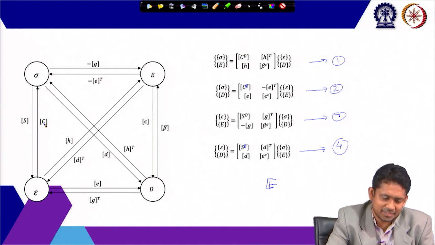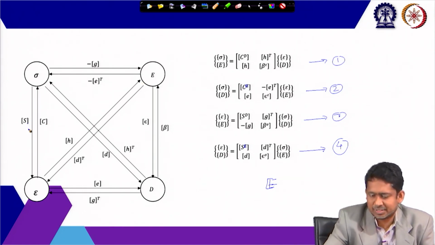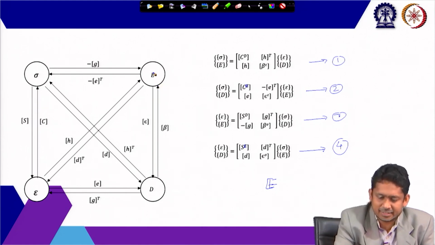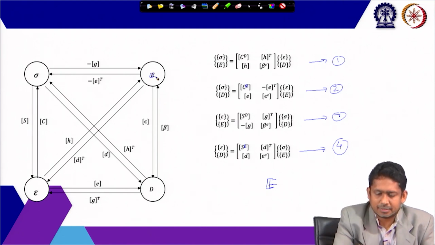So, this C can be C D or C E depending on what is the other state vector. Similarly, if I want to get the strain from sigma, I have to multiply S with sigma, which we can see here. We have S D and S E. And similarly, if you want to get electrical displacement from the electric field, again it is a double struck E because it is electric field.